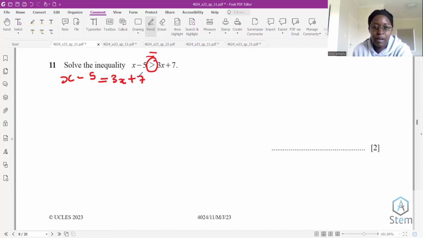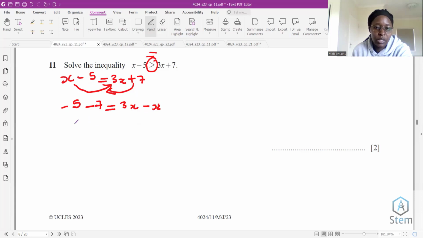Okay, so let's simplify it. I can take my x this side. So this x is coming this side. Then this 7 goes there, it becomes a minus. So I now have minus 5 minus 7 is equal to 3x minus an x.